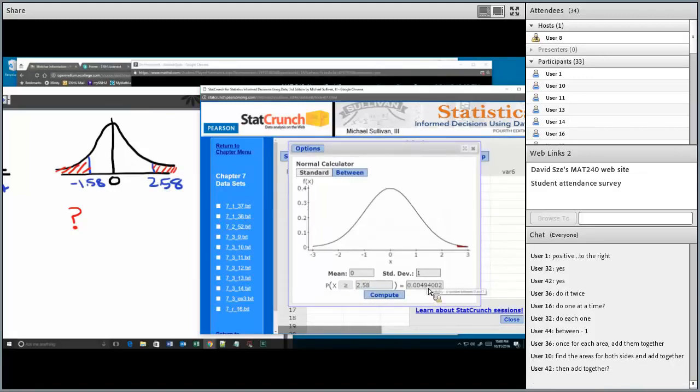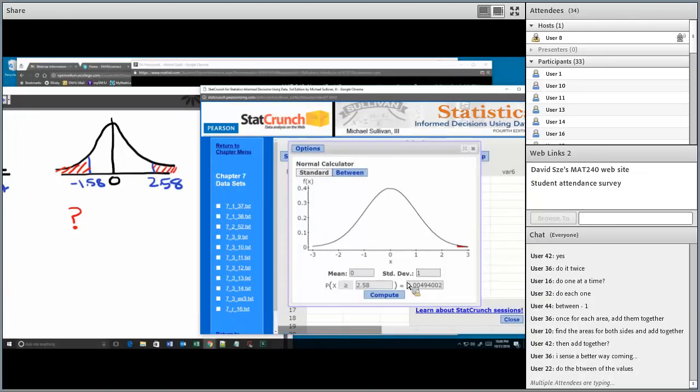Then we take this area and add it to the previous area that we calculated, right? That's one way to do it. Any other method? Can we do this in one step or maybe two steps? Because this involved several steps. I sense a better way coming.